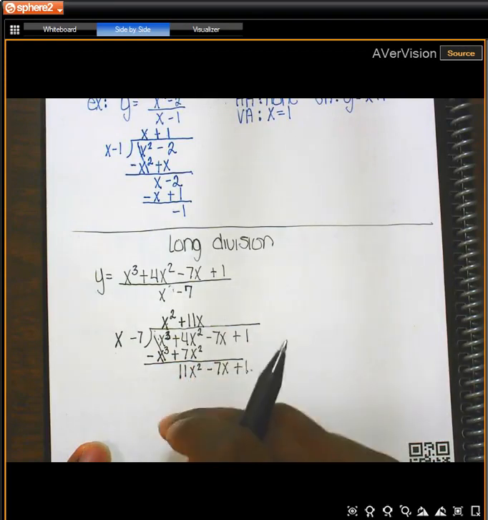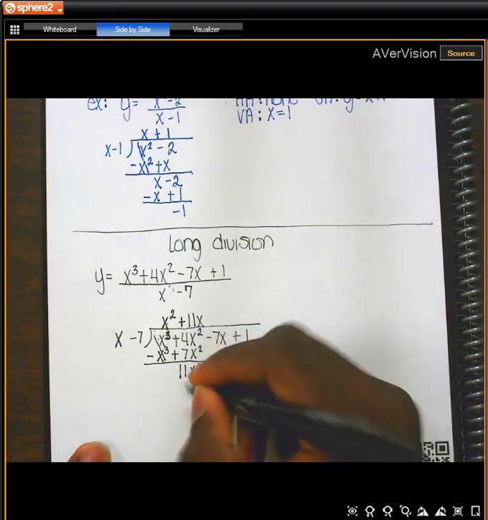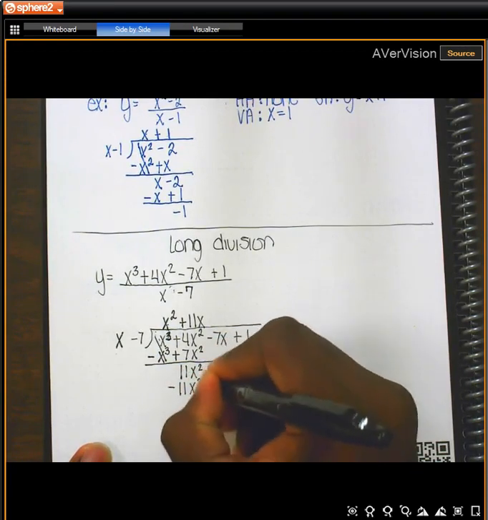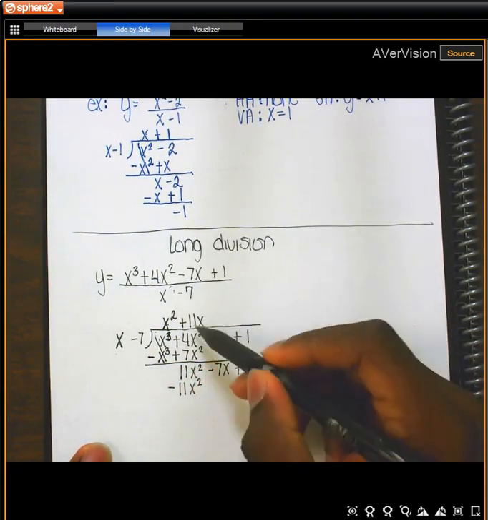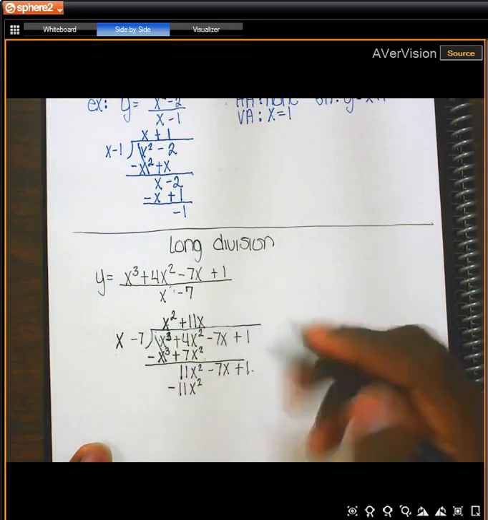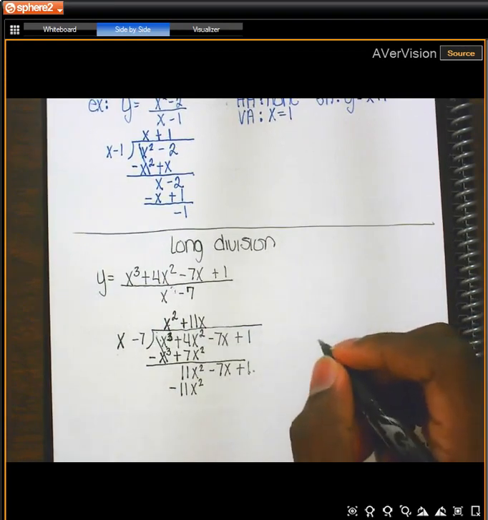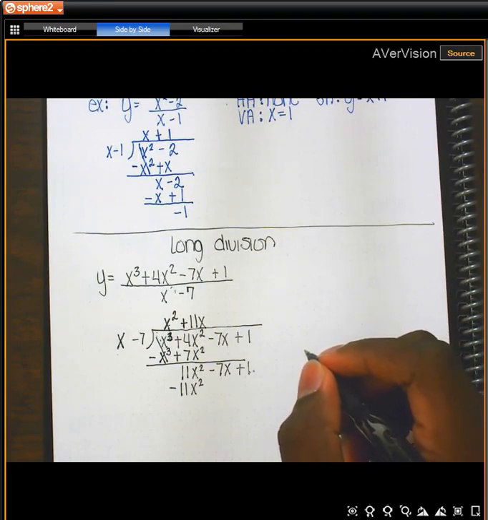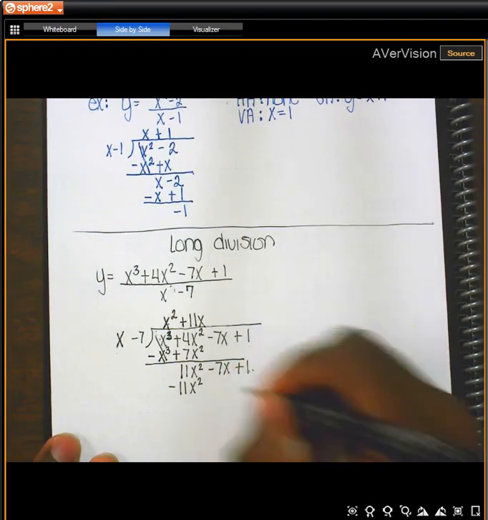And what do we write down here? All right, what about 11x times negative 7? And what do we write down here?